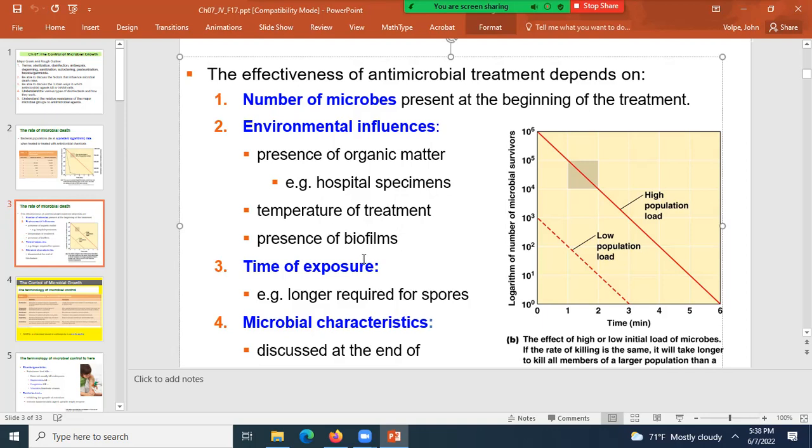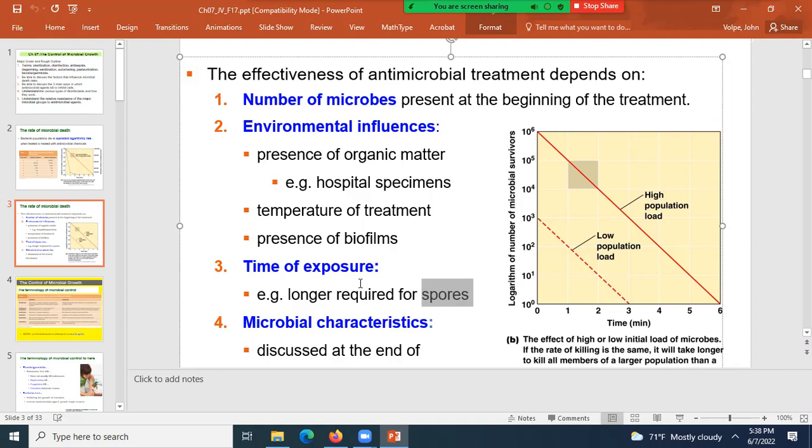As I mentioned, the time of exposure can affect the effectiveness of the antimicrobial treatment. Generally, a longer period is better for killing off all of the cells. And for spores, like endospores, you need a very long time of exposure to the treatment to kill off the organism, if the treatment kills the endospores.